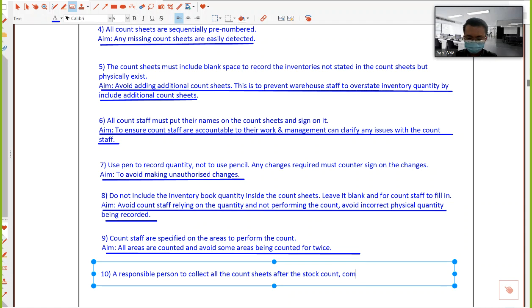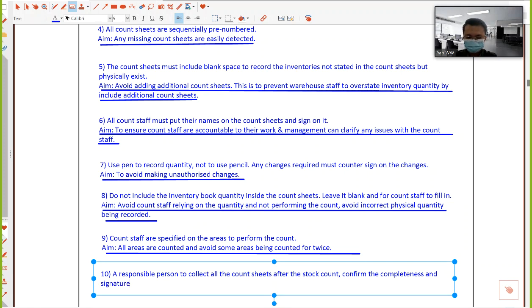Confirm the completeness and signature. Then forward to the accounts department for reconciliation. No delay. Okay. After the count, they should have to do this.